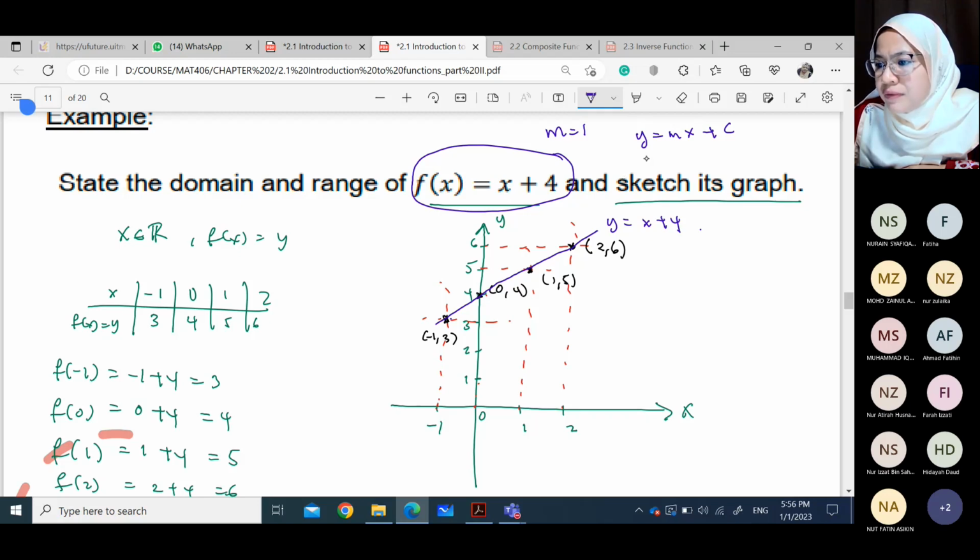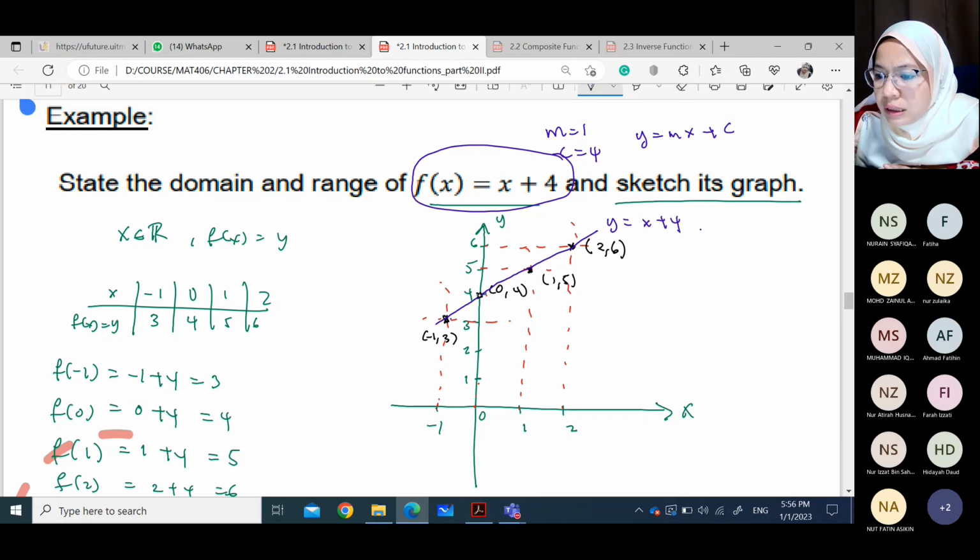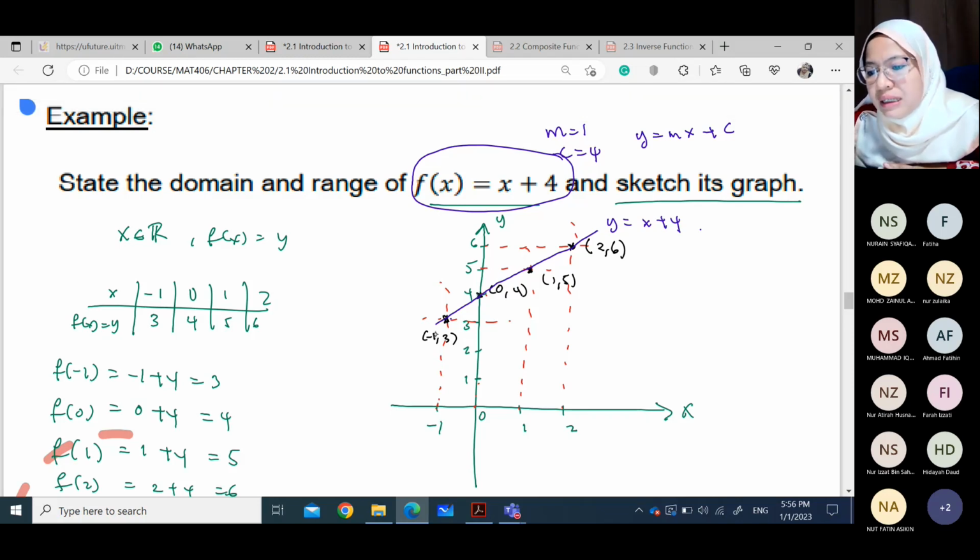So based on this function, we can say that our m here is 1 and our c here is 4. Looking at the graph we sketched, we can see the y-intercept is at the point (0, 4). So it means we sketched the graph correctly, because the y-intercept here is 4, meaning it cuts y at 4. Okay? Can?